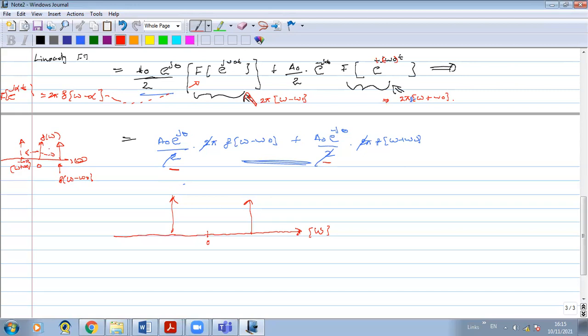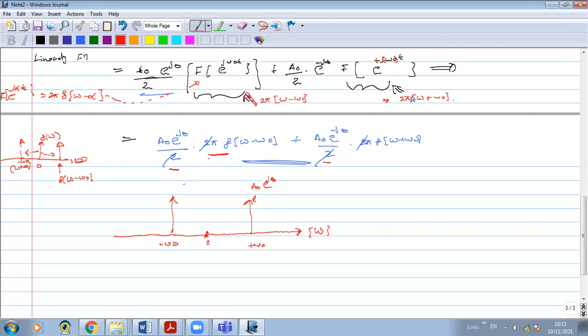You can see that if it is 0, this is plus omega naught and this is minus omega naught. Plus omega naught is here. Its magnitude is A naught by 2, e to the j theta.